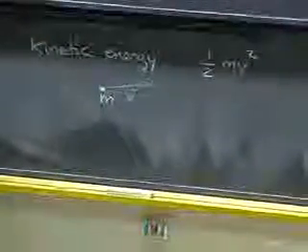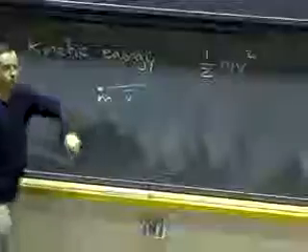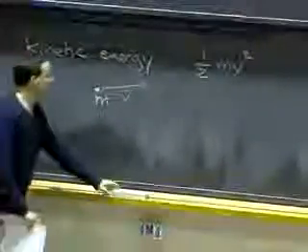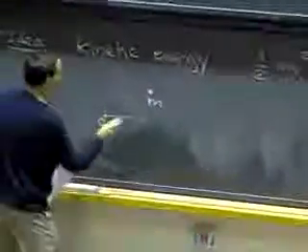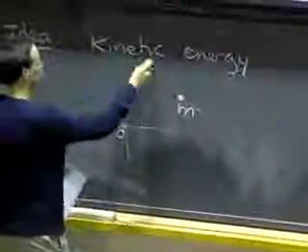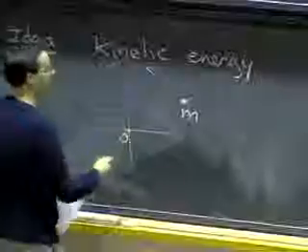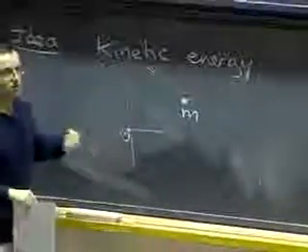Now let's say that instead of just trying to push this mass, I'm going to make it spin around something. So instead of just going somewhere, I will have here the origin, and I'm trying to make the mass go around the origin in a circle at a certain angular velocity.